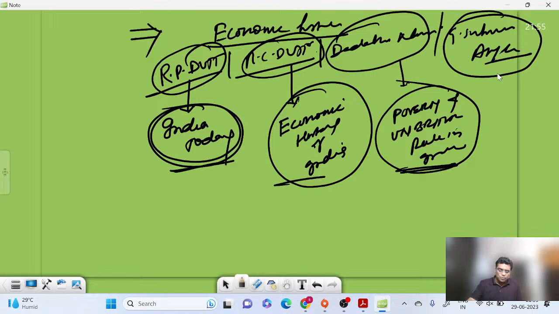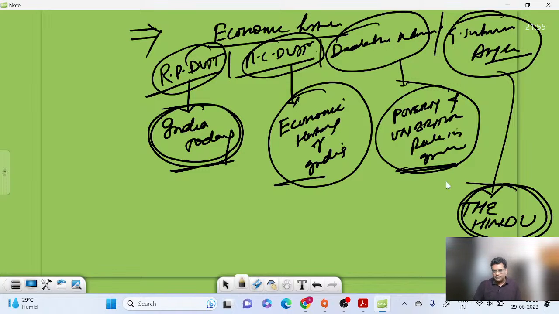And G. Subramaniam Iyer was the editor of The Hindu, the newspaper that you study, and in his editorials he wrote many pieces related to the fundamentals of the economy and the exploitation of the economy.